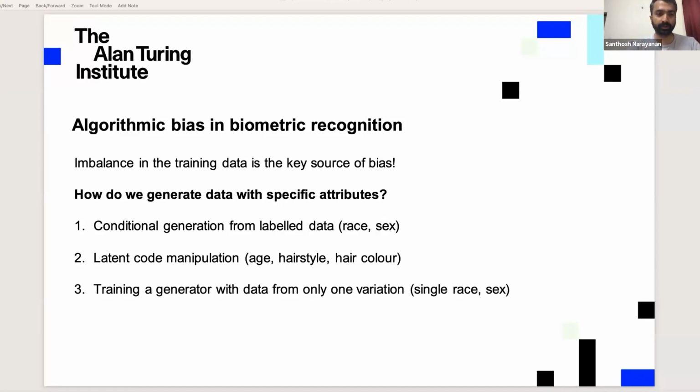And of course, finally, one of the simplest things you could potentially do is just start building or training synthetic data generators for each specific variation that you want, right? So maybe just build one model per variation.